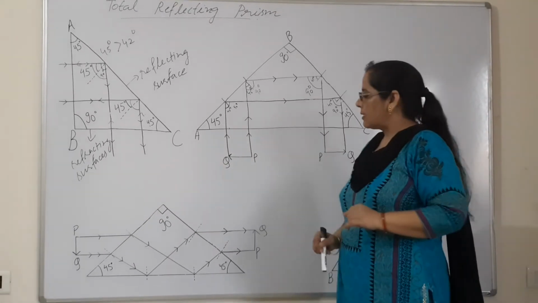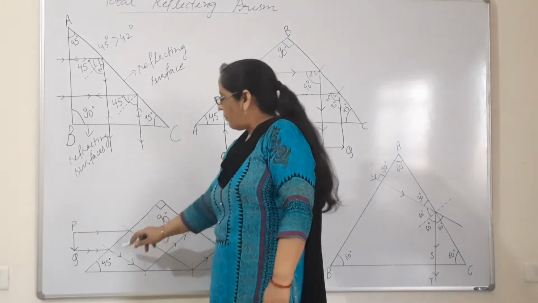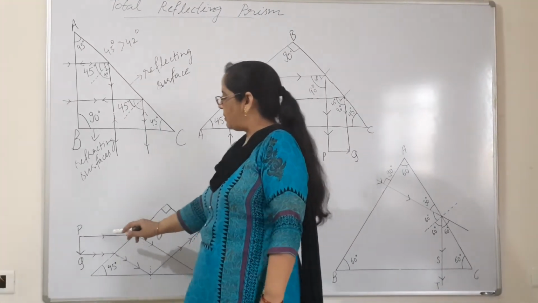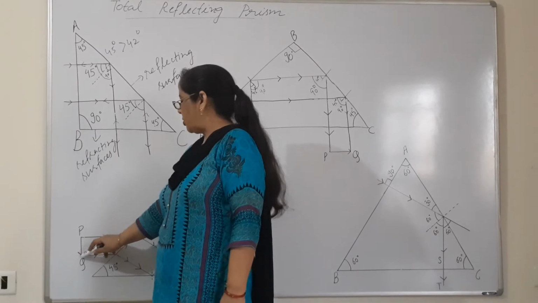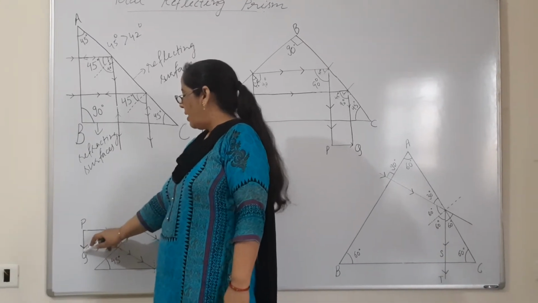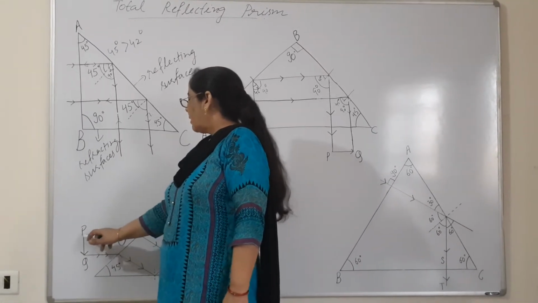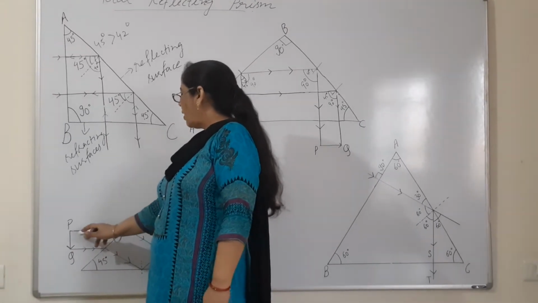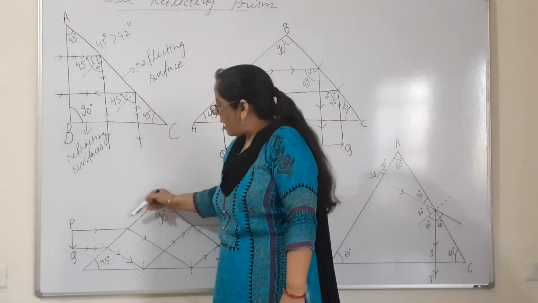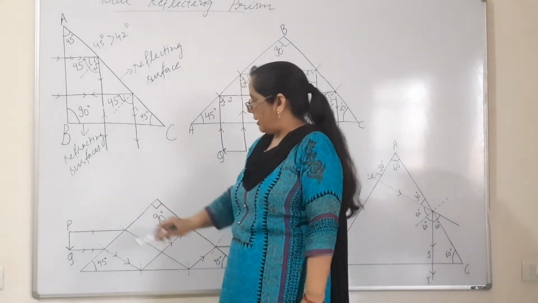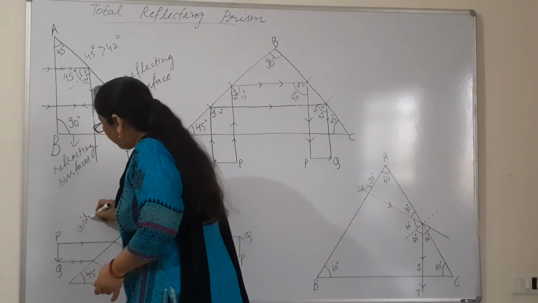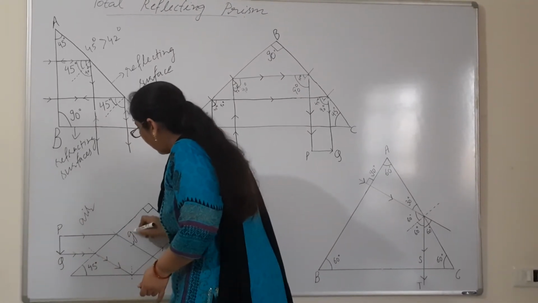Now, how does it work? Again, a 90-45 degree prism; in front of the 90-45 degree face, the object is kept in the inverted position. That slide is kept upside down. Then from each point we will take the rays. Now the ray has to enter from rarer to denser medium; this is air, and this is glass.